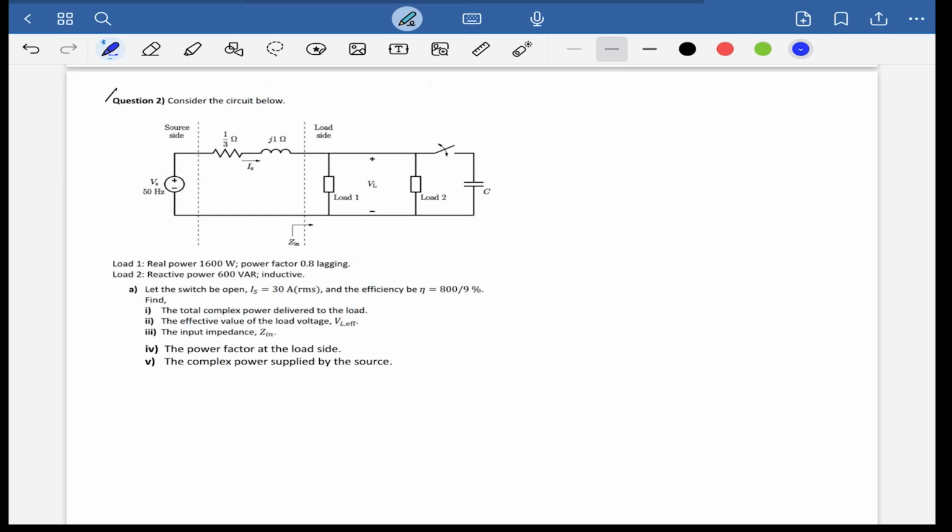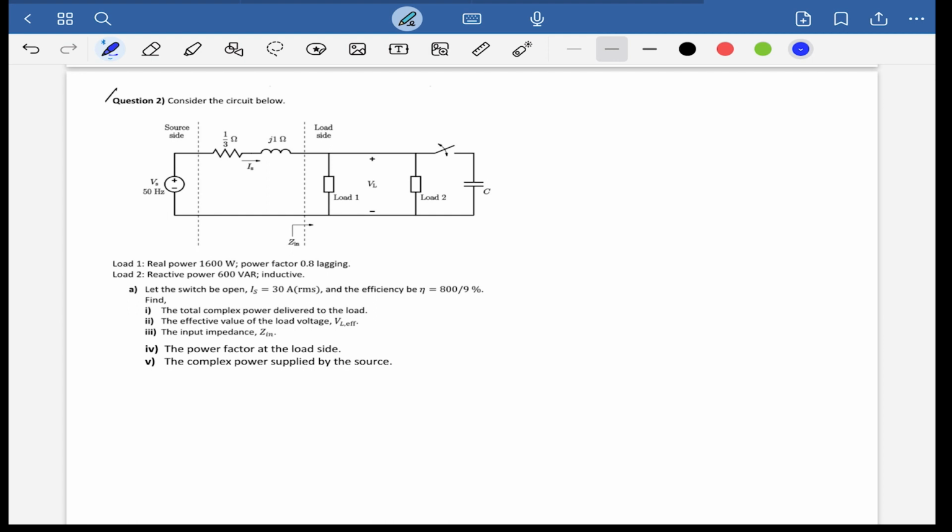Okay, in this example also we are given the circuit and they ask some questions, like they want a total complex power delivered to the load. They also gave load 1 and load 2 information and also the RMS value of the current in the source and also the efficiency.